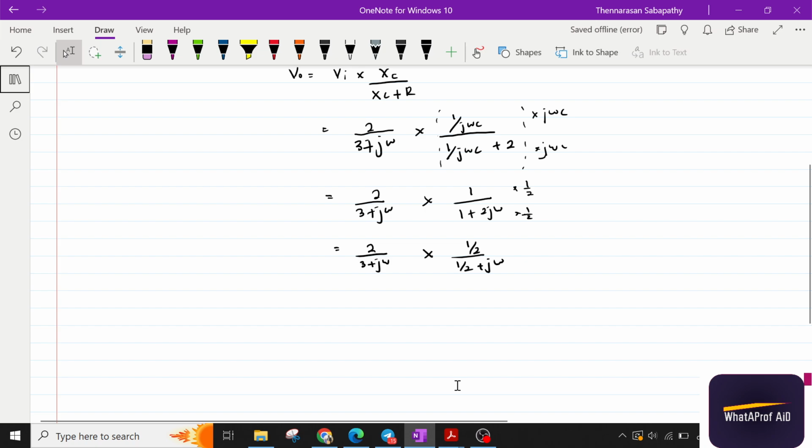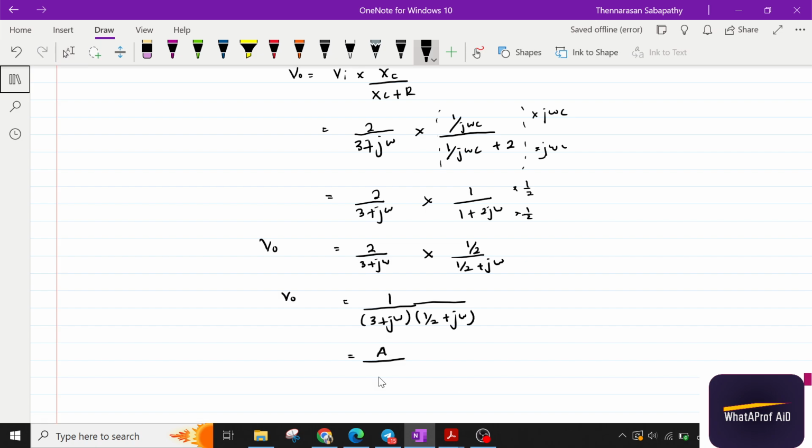This is the V out, where I can divide this into a over 3 plus j omega plus b over half plus j omega. So I can solve my V out using the partial fraction. The a and b can be solved using the partial fraction.